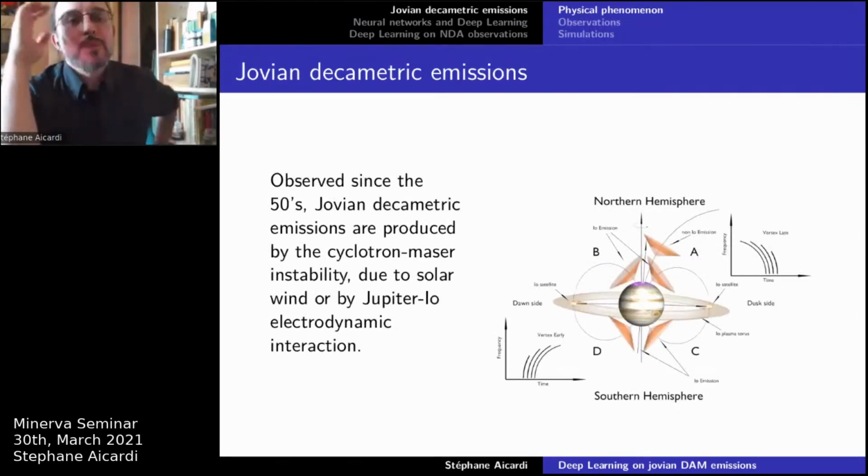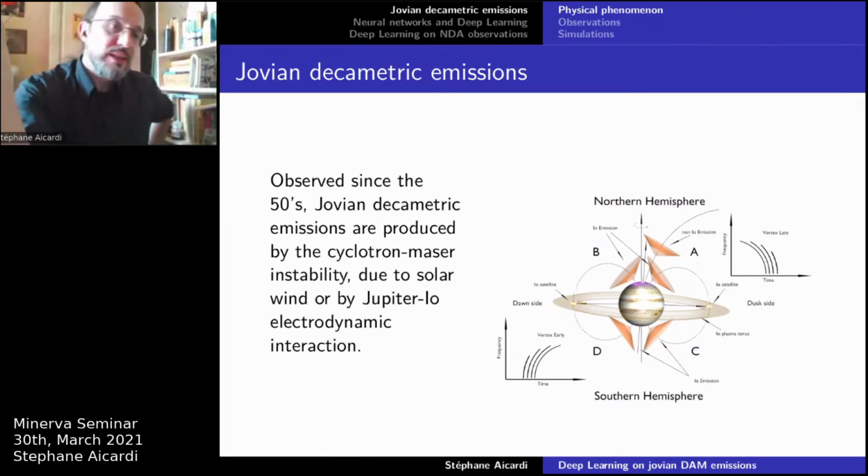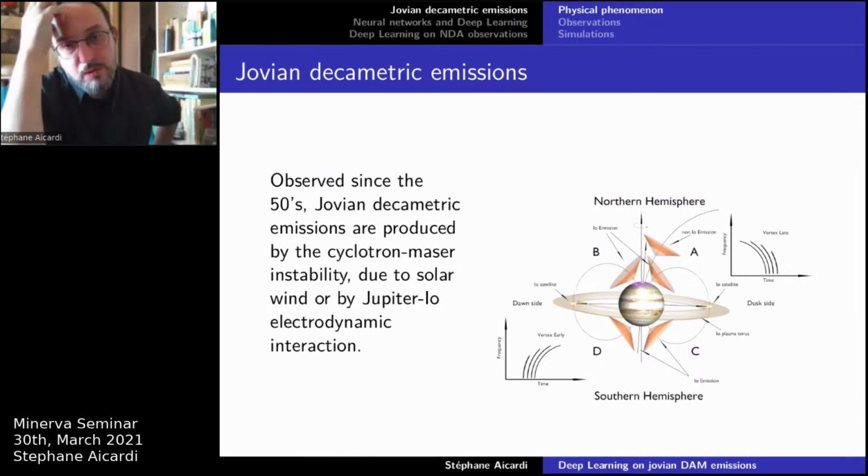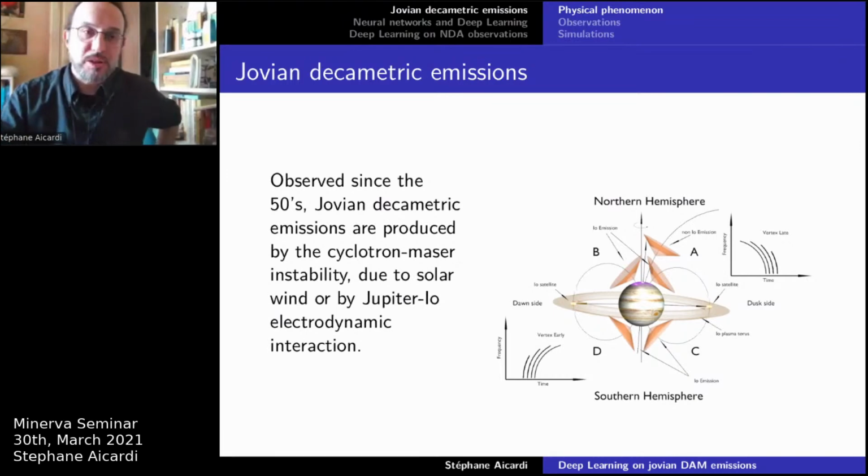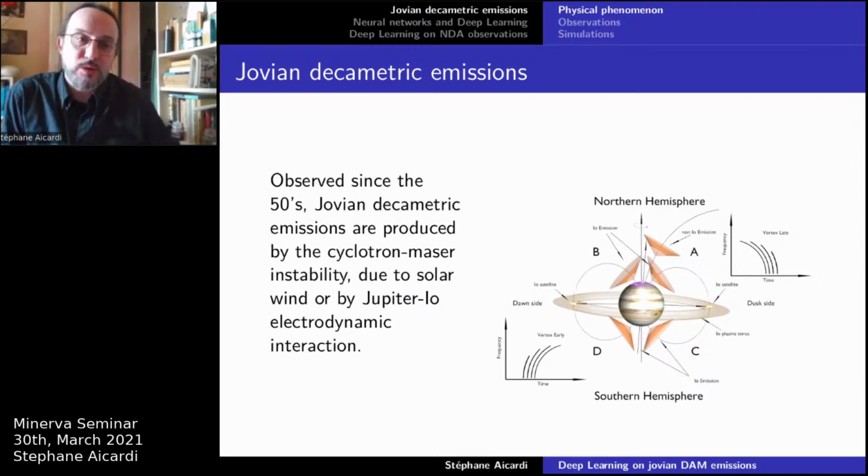So, what are jovian decametric emissions? In the 50s, the first radio telescope in the decametric range spotted that Jupiter emits lots of radiation, and those emissions are now understood as produced by the cyclotron maser instability, which is due to the solar wind or due to Jupiter and Io electrodynamic interaction.